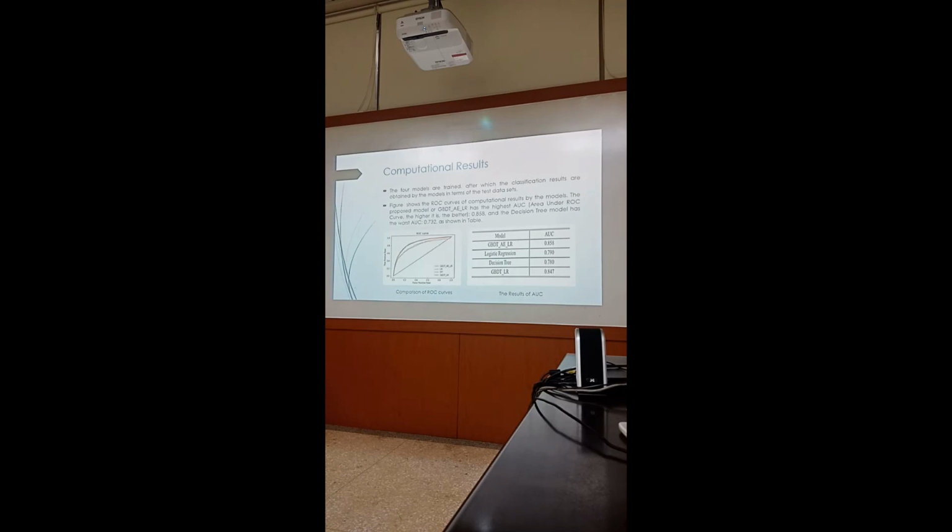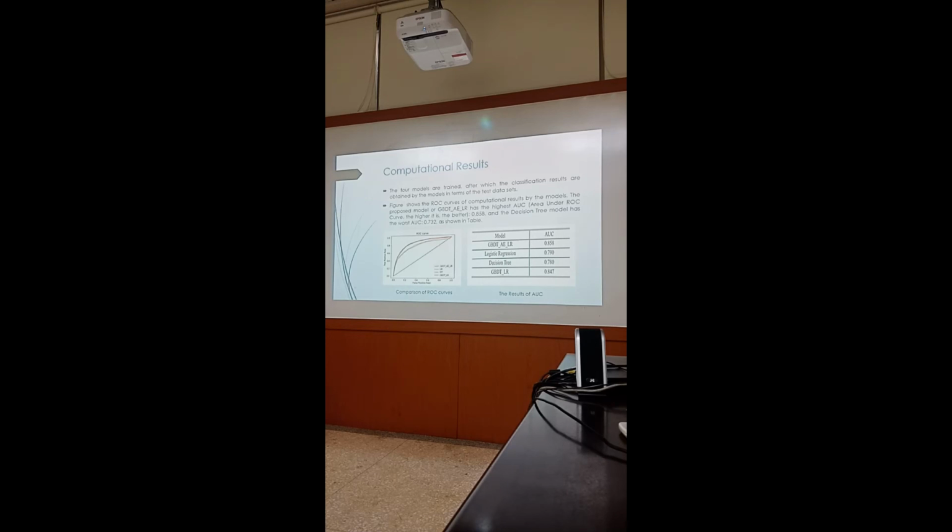In the result, they found the four models are trained, after which the classification results are obtained by the models on the test data set. The figure shows the ROC curve of the computational results.